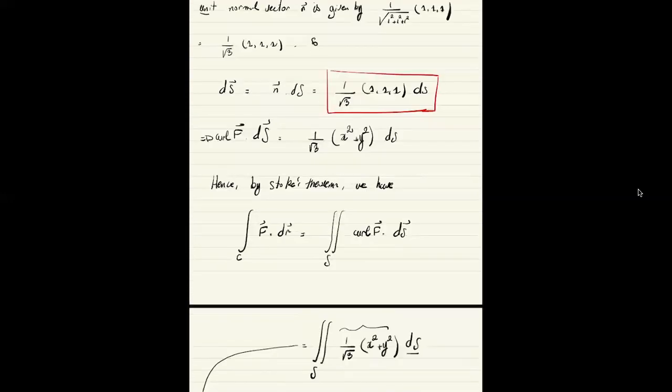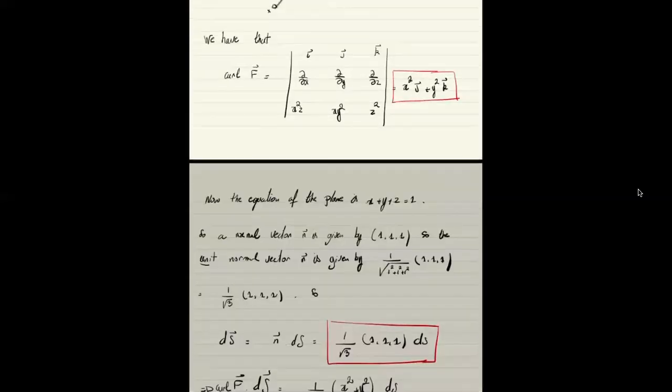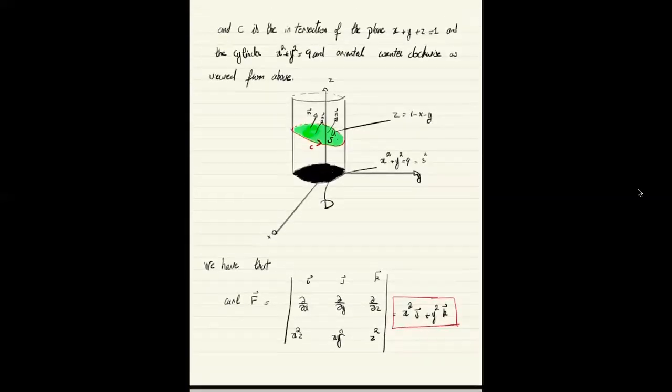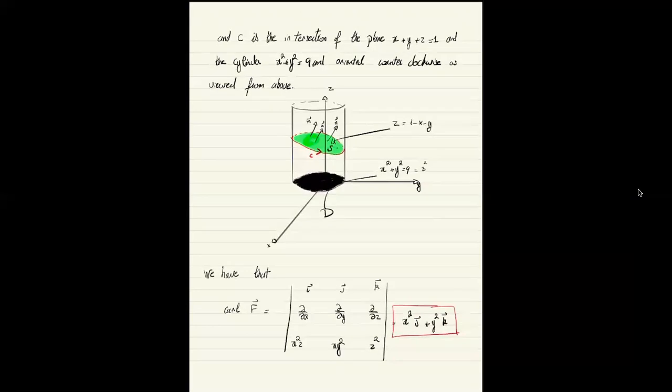So there is nothing really hard here. Maybe the hardest part is just to keep track of the orientation. But a good rule of thumb is, when you see the surface, you always make sure that you see the surface so that the normal vector n points upward, and then you go counterclockwise.